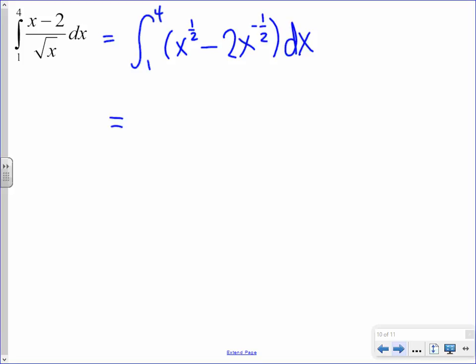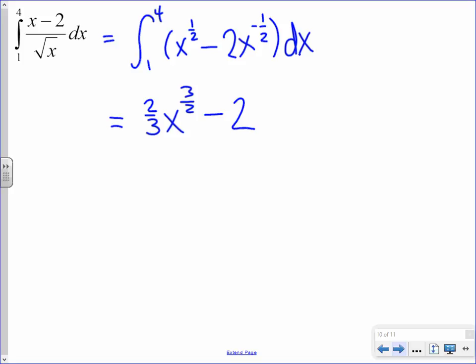Now we can take our antiderivative using the power rule. Jake, antiderivative of x to the 1/2. 2/3 x to 3/2. Good. Then we have minus 2 antiderivative of x to the negative 1/2.